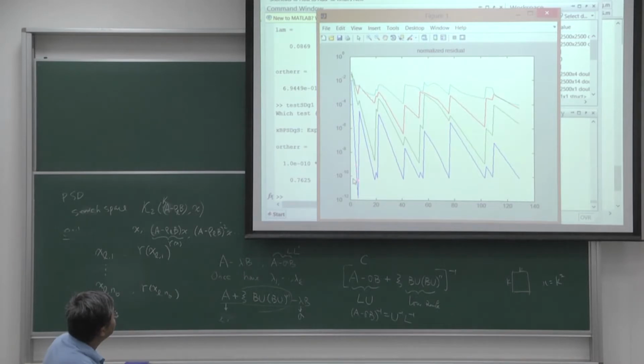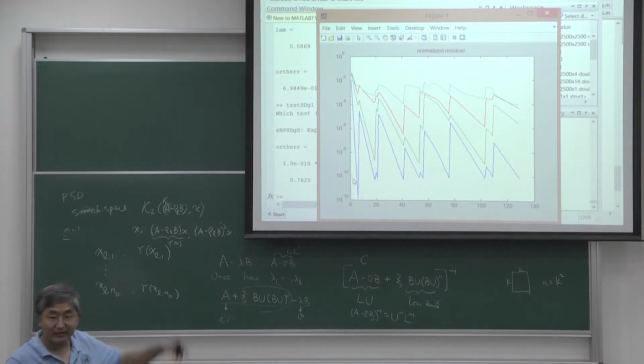This one is already deflated, and you have 4 right here. That's because once I dropped one, I have 4 new columns, a new 4 residual errors. Their sizes are about from here, here, here, here. This is a plot where you link the points by solid lines. Then these 4 lines keep on going down, right?